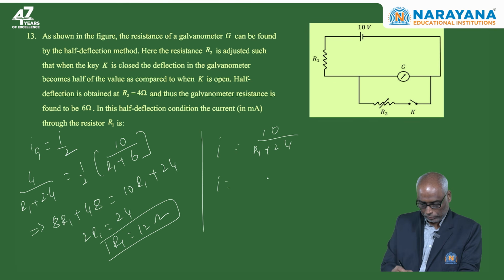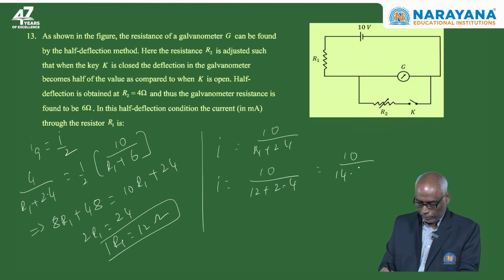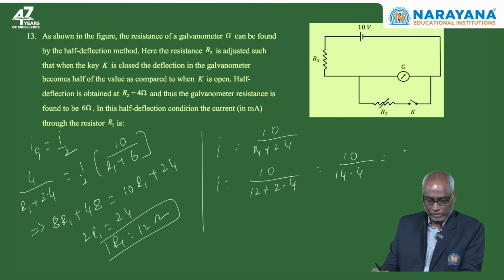So I equals 10 divided by R1, which we got as 12, plus 2.4, that is 10 divided by 14.4.